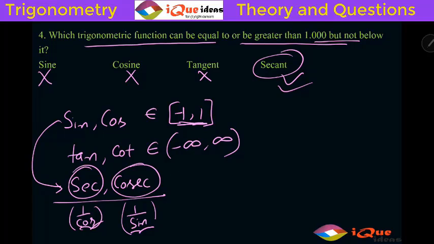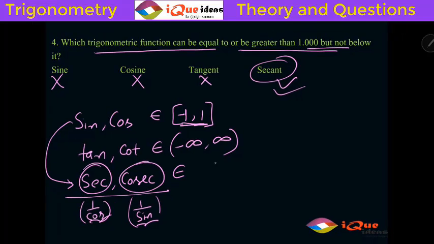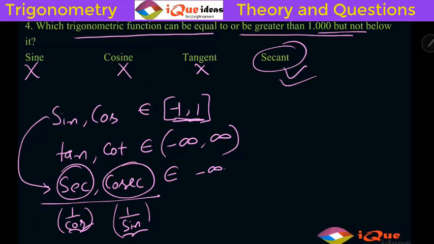Alright, and in fact if you have done earlier, it is between minus infinity to minus 1, inclusive of minus 1, union 1 to infinity. Right? Here there is one clarification that is required. Which trigonometric function can be equal to or greater than 1? And we consider only positive values.